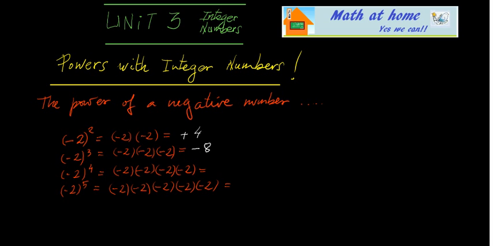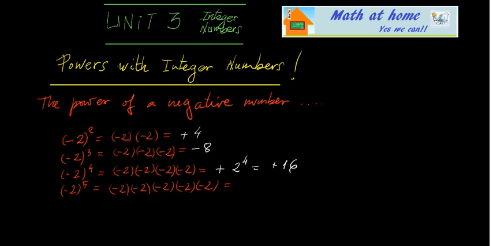Negative times negative, positive, times negative, negative, times negative, positive. And this is positive. So this is negative 2 to the power of 4, which is positive, sorry, positive 16.